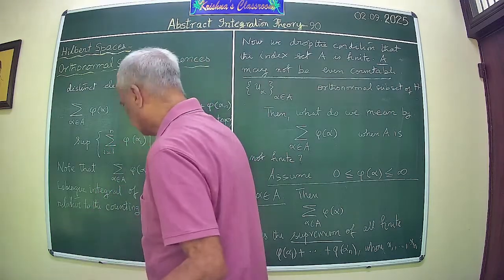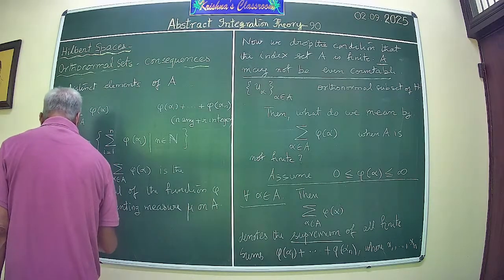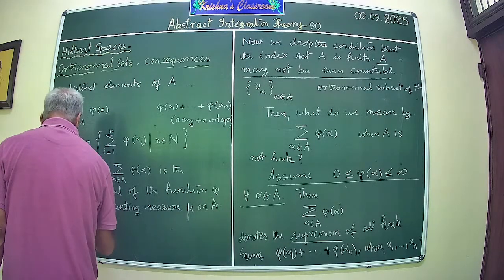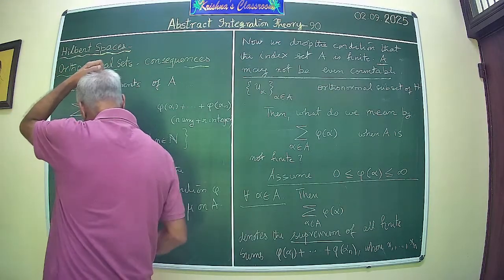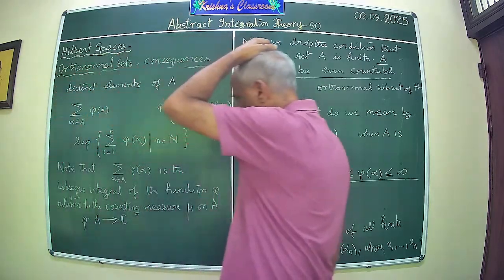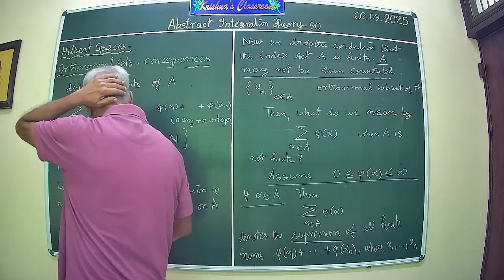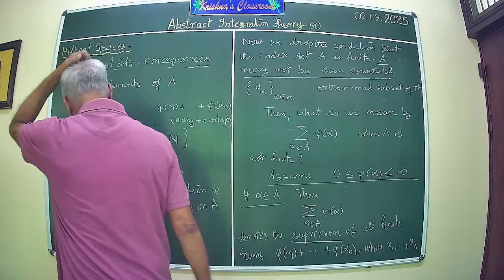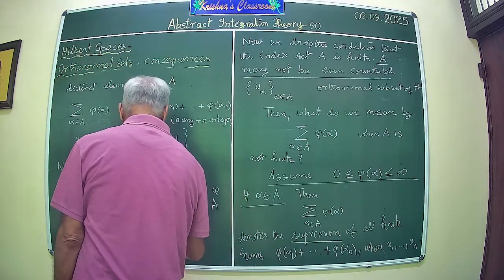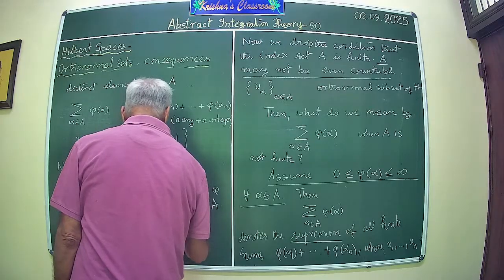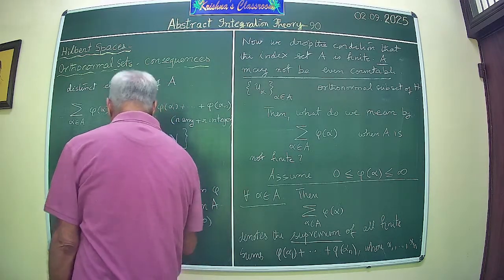What do you mean by this? See, what is phi? Phi is a map from A to C in general. But let us now consider the case where it is equal to R, where phi is assumed to be less than infinity. So we assume this.